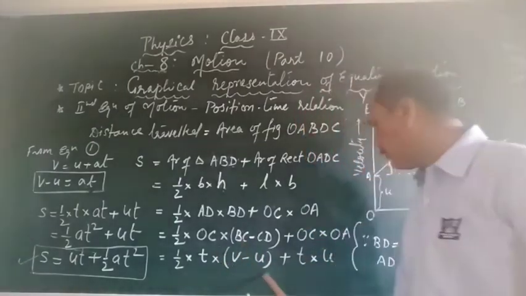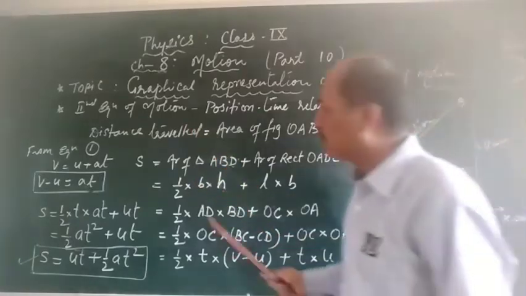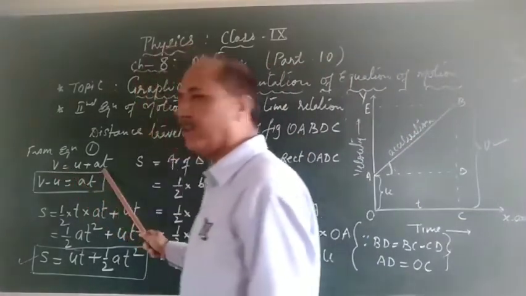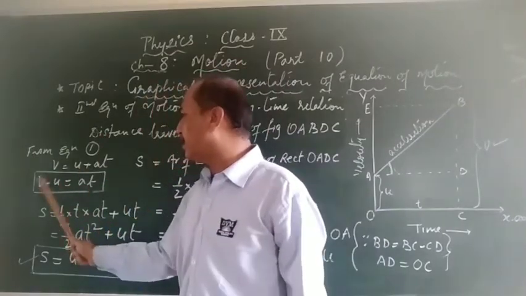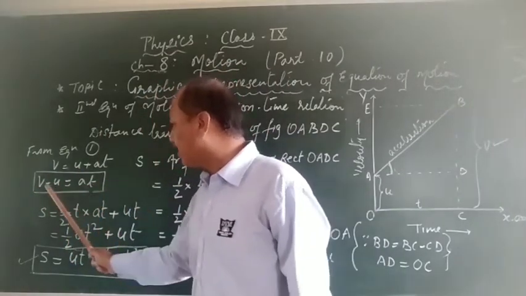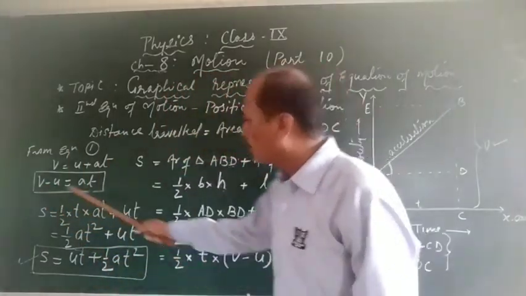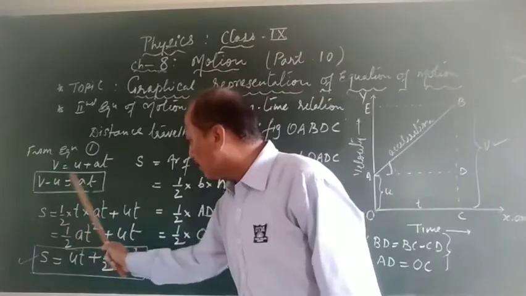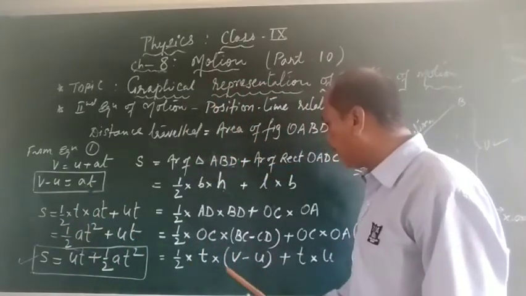Now we can replace this v minus u from the first equation of motion. Our first equation of motion was v equals u plus at, and taking u on the left side it becomes v minus u equals at. Now we got the value of v minus u. Substitute it in our expression here, so this v minus u will be replaced by at.